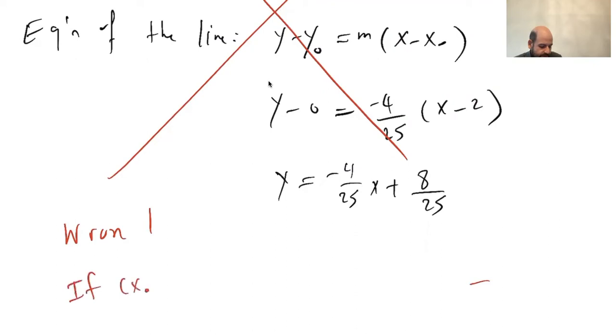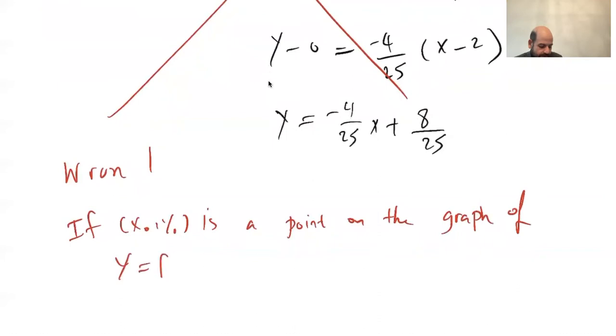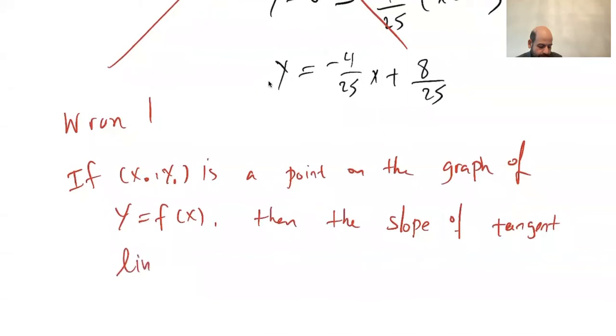If (x0, y0) is a point on the graph of y equals f of x, then the slope of the tangent line at x equals x0 is given by m equals f prime of x0.